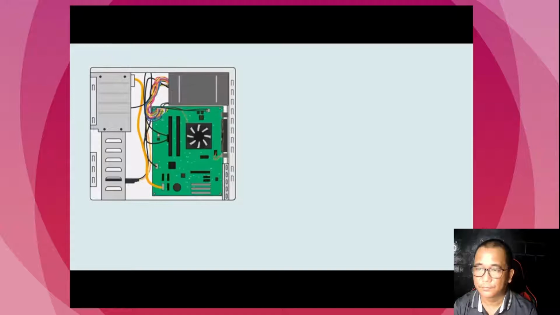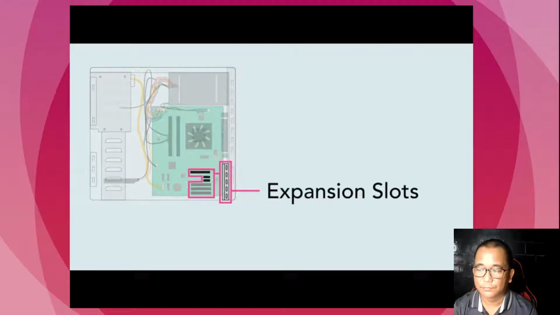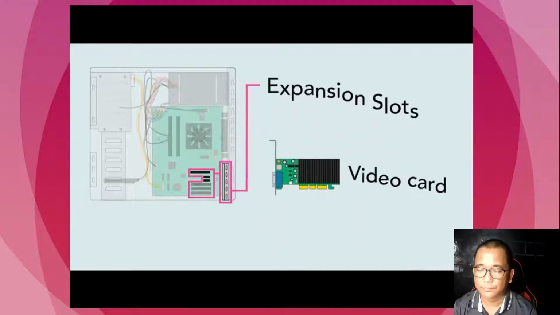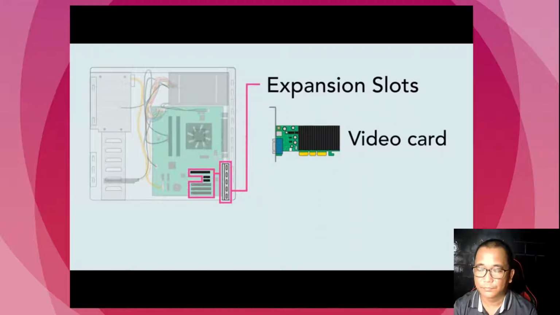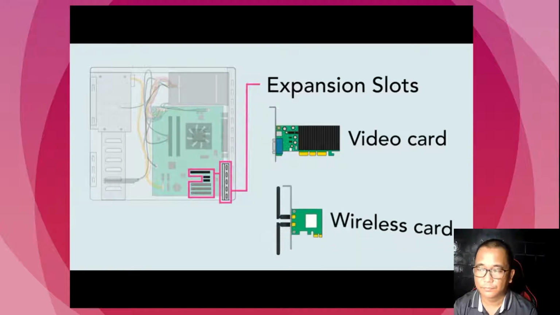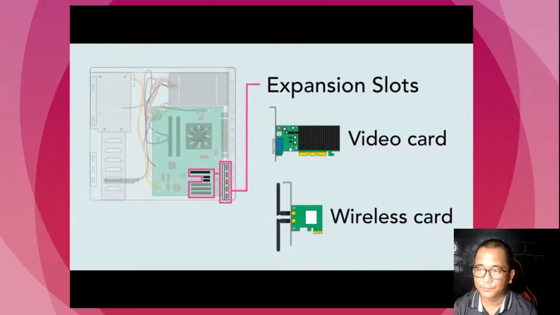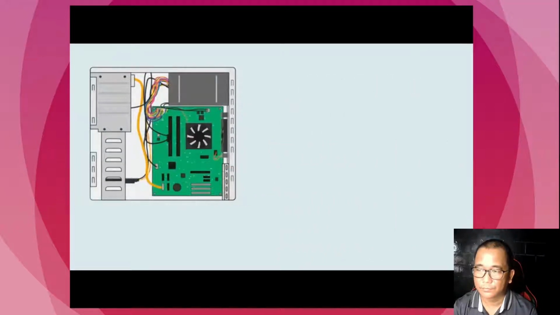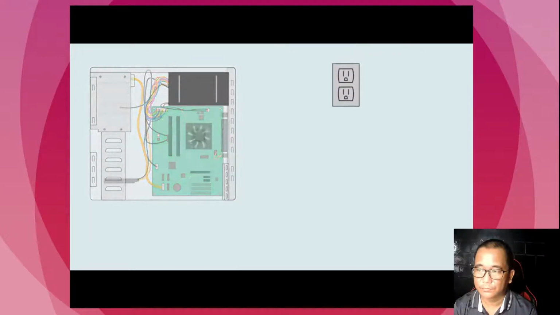On many desktop computers, the motherboard has expansion slots that allow you to upgrade by adding expansion cards. You can add a video card to get better graphics performance, or you can add a wireless card to connect to your wireless home network. Most laptops, however, don't have expansion slots. Of course, the computer's components need electricity to run.